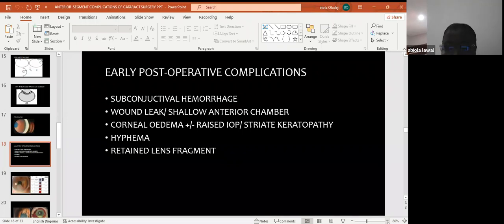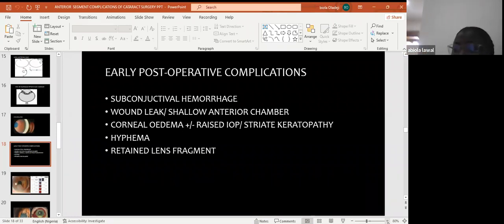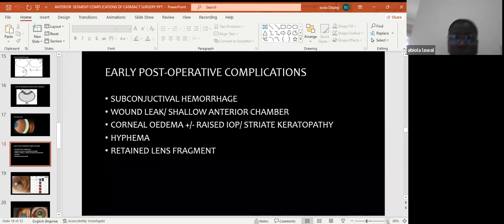Corneal edema is a very common post-op complication, which can be associated with raised IOP. Not necessarily, sometimes you have edema without raised intraocular pressure. There are a number of factors associated with development of corneal edema.